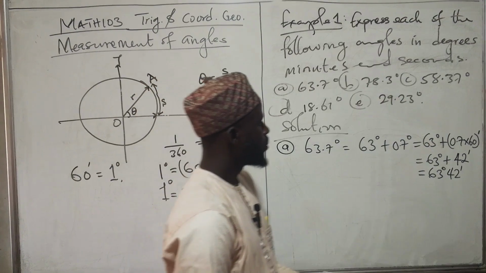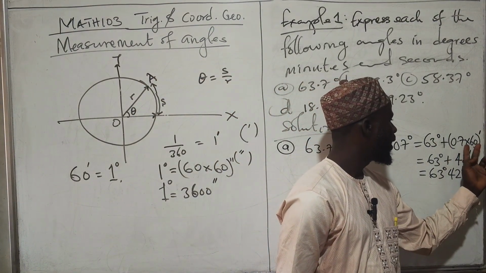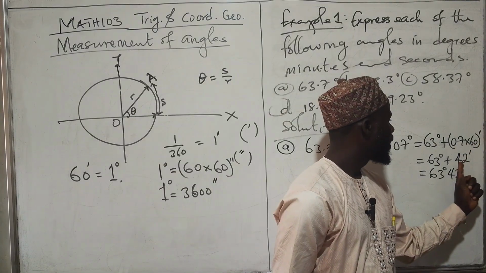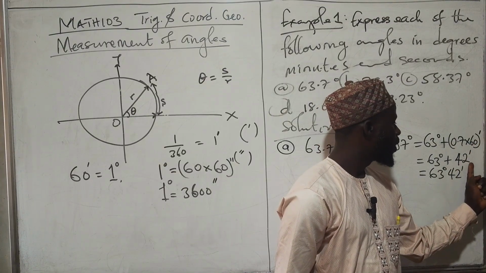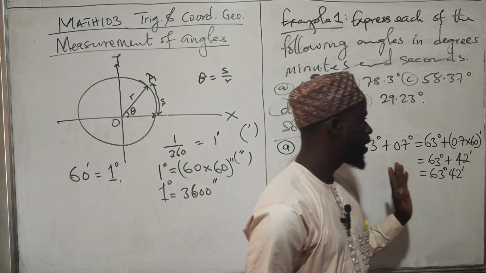Remember that after converting the decimal part of the degree to minutes, the minutes part does not contain decimals further. And so we leave it in minutes as it is.